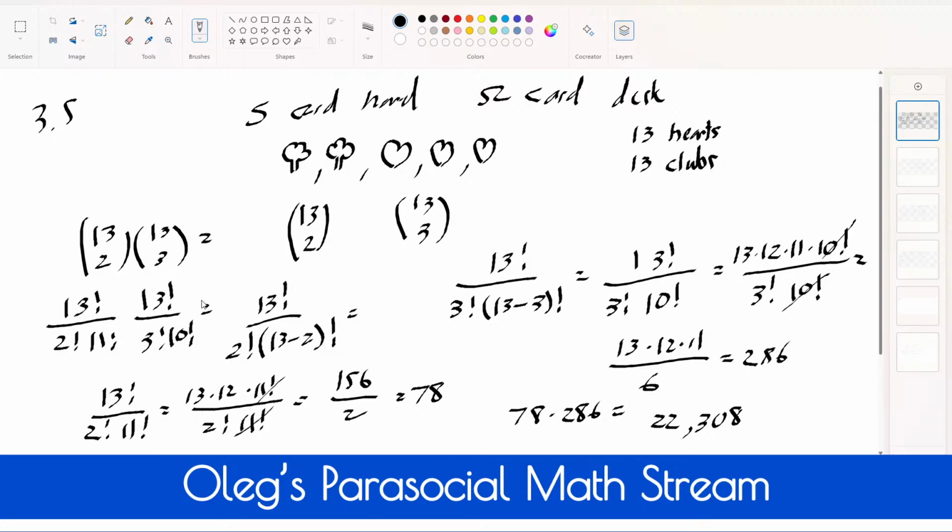You can do it like that and then multiply it out. It's still going to be the same thing. But yeah, it was easier to do one and then the other and then multiply the two. But that's basically the equation.